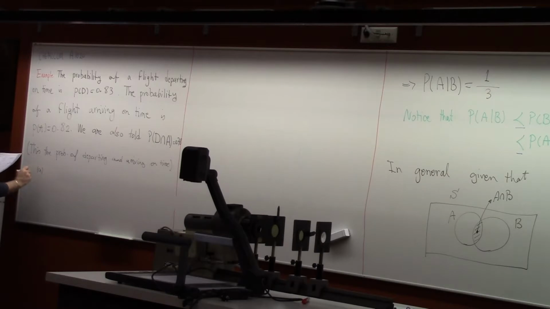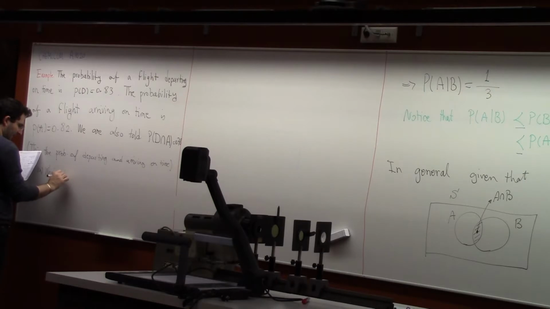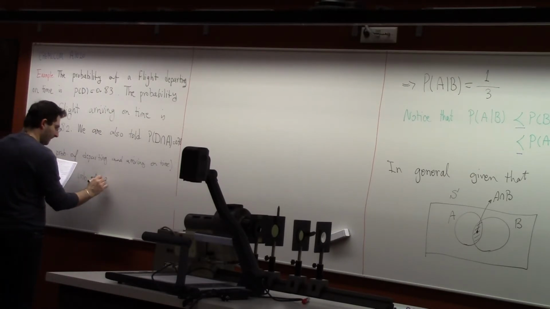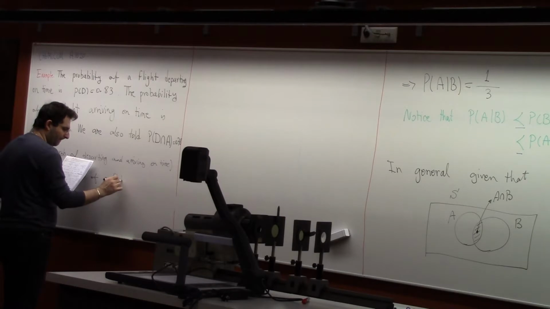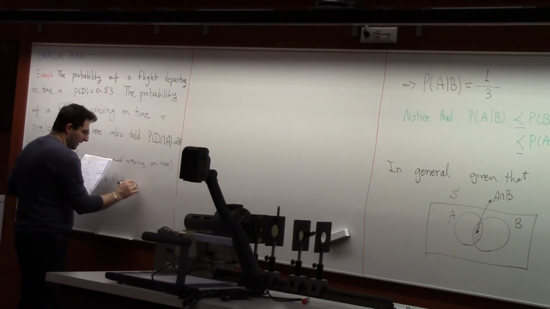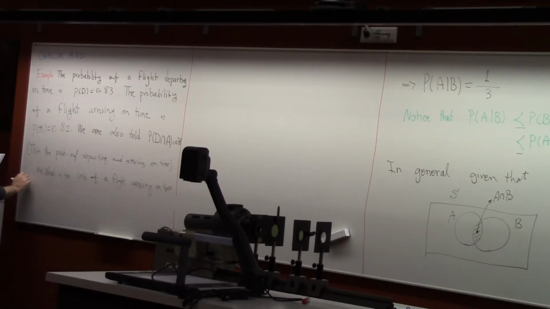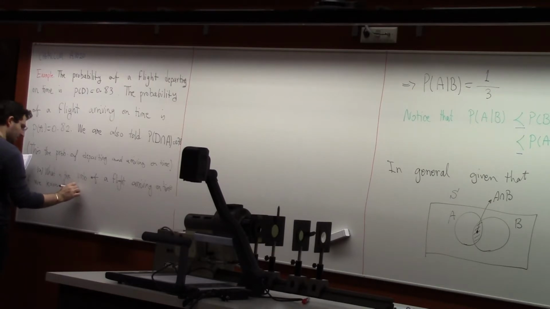Part A: What is the probability of a flight arriving on time if we know it departed on time?